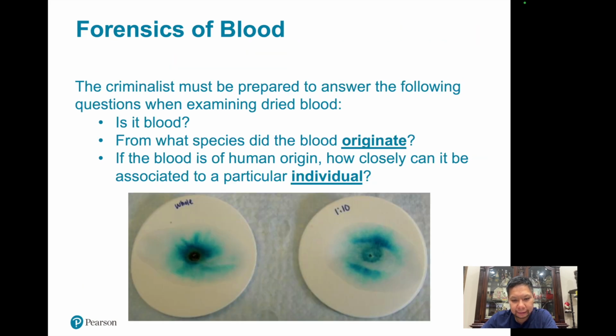I think the more common thing that people see though is using forensic serology to do blood testing. And one of the things that we use to see if there's human blood present, you probably heard of this already, is called luminol.